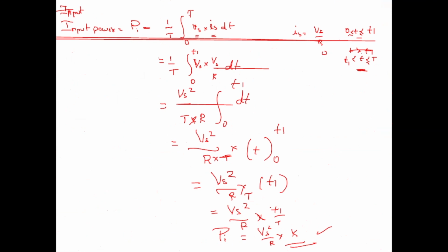Why have we taken this? Because my Vs by R exists only from 0 to T1. Current exists only in the on time. Input source is there, Vs is there always. So we should take this formula, 0 to T1 Vs and Vs by R. But this is what we took earlier, where we assumed that the chopper loss is 0.